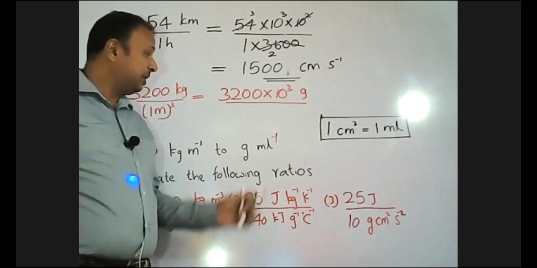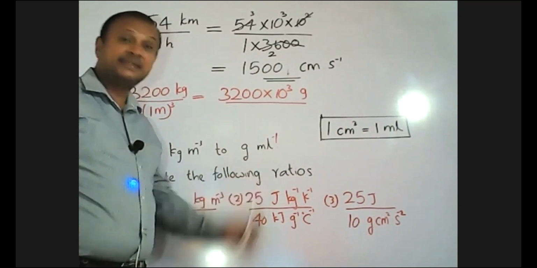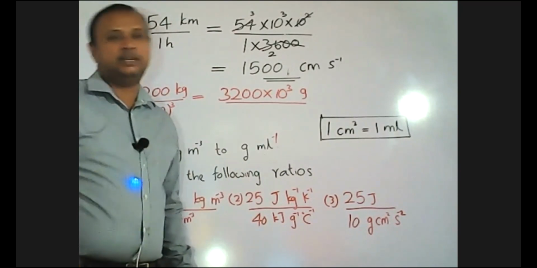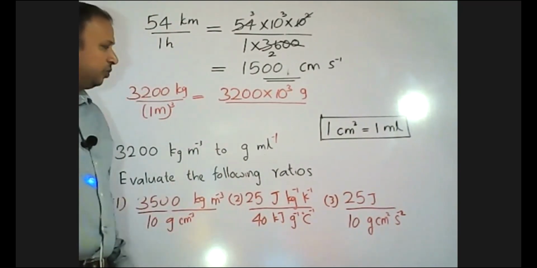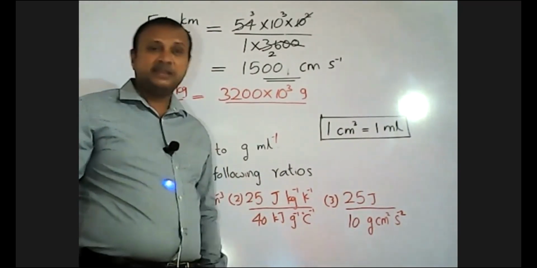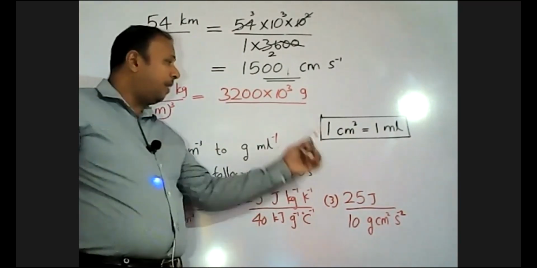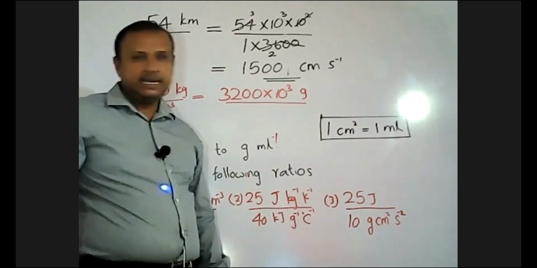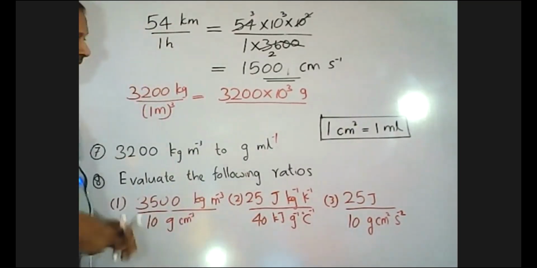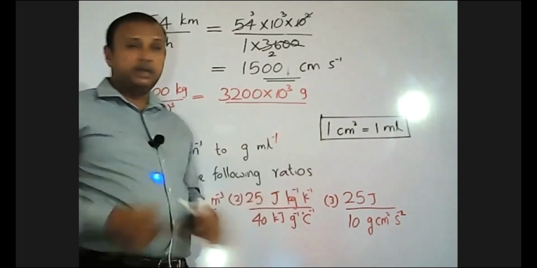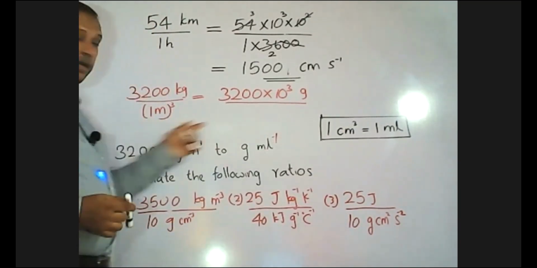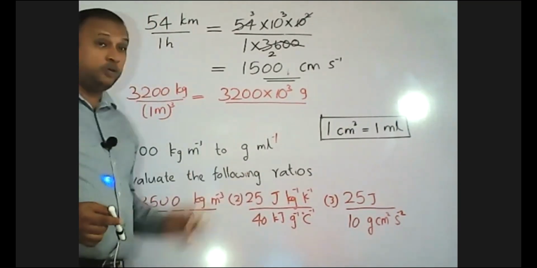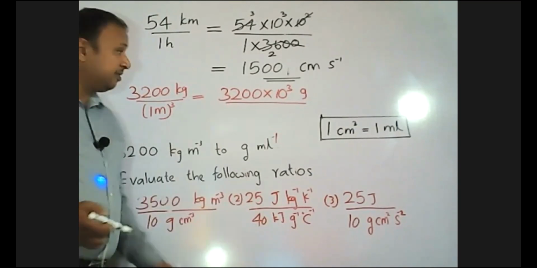You can consider this as cubic centimeters because 1 cubic centimeter is equal to 1 milliliter. So I can use this relationship to convert cubic meter into milliliters.